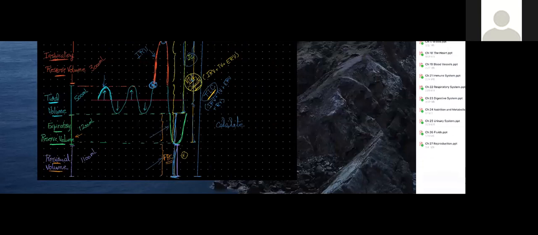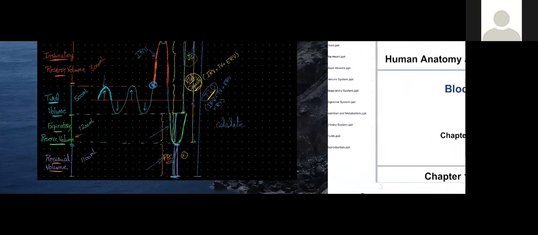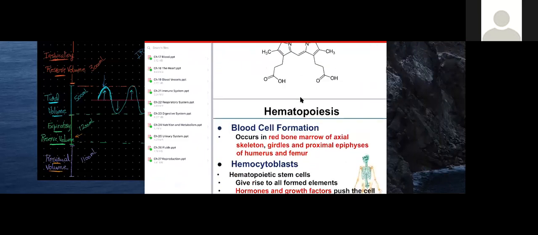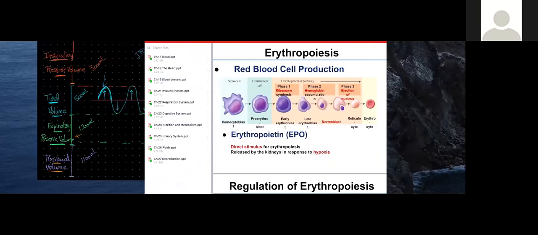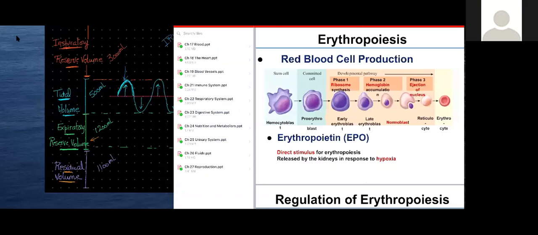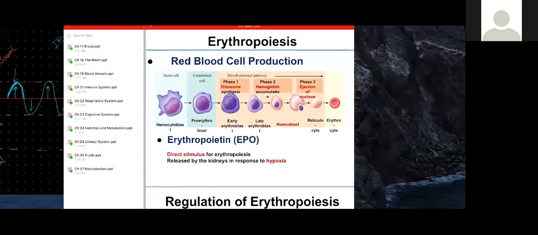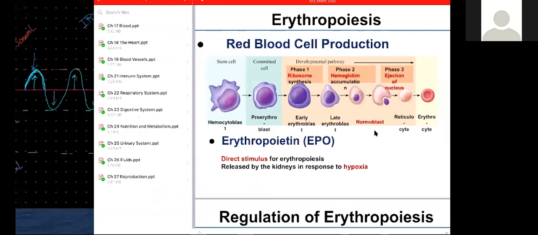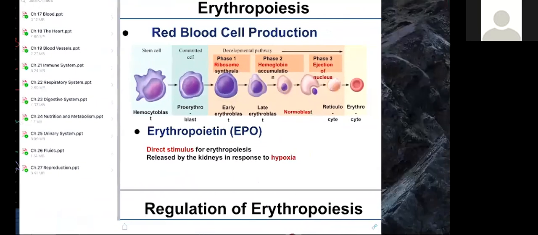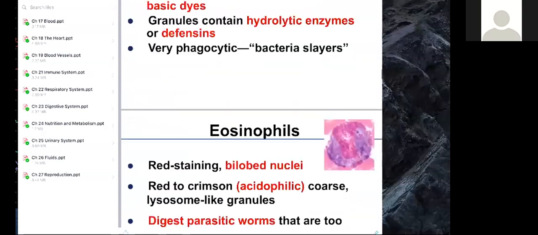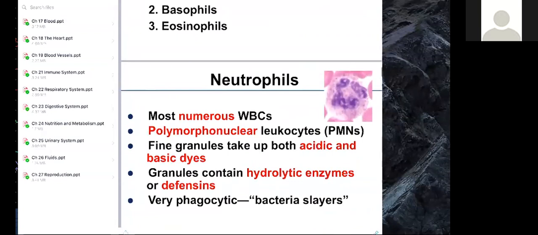Looking here at the blood chapter. In the blood chapter, you need to be able to identify the different blood cells from their histological appearance.